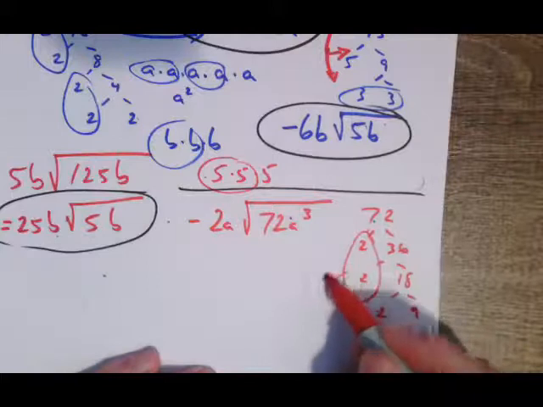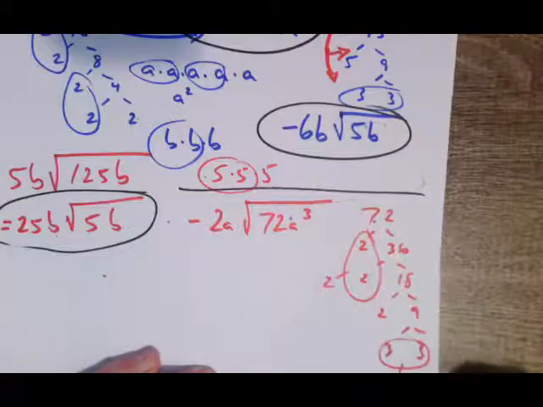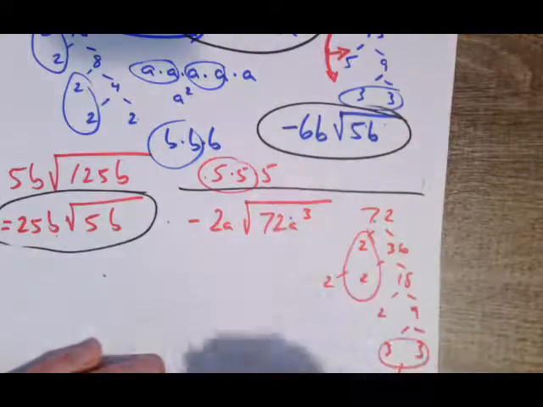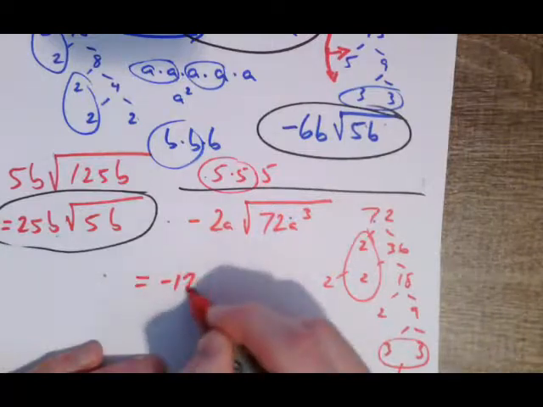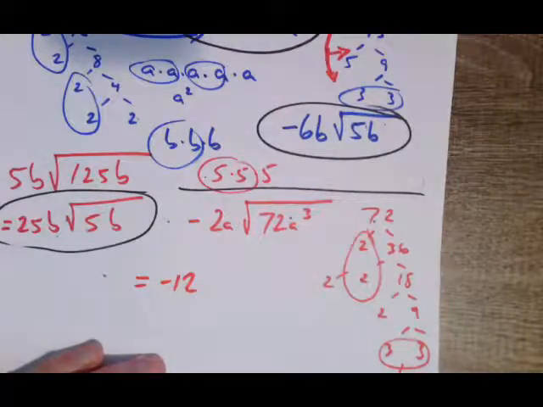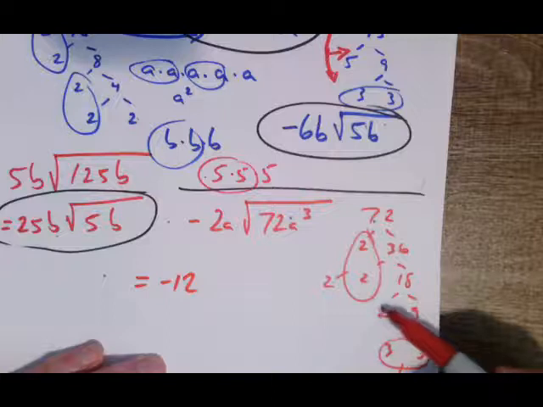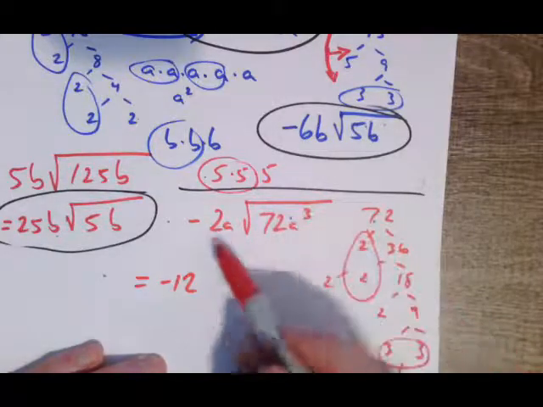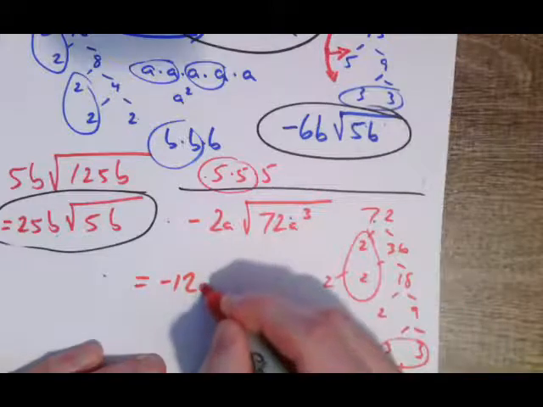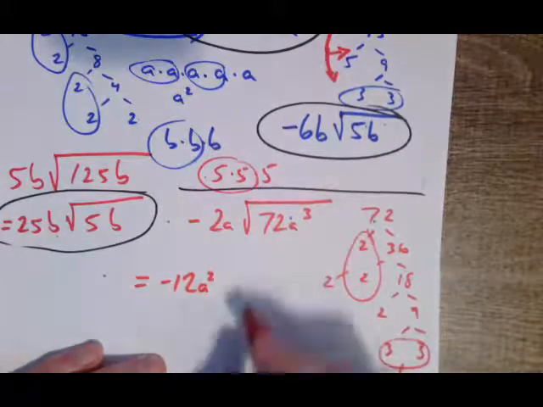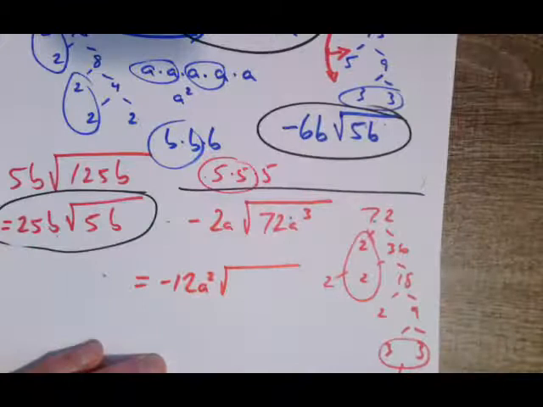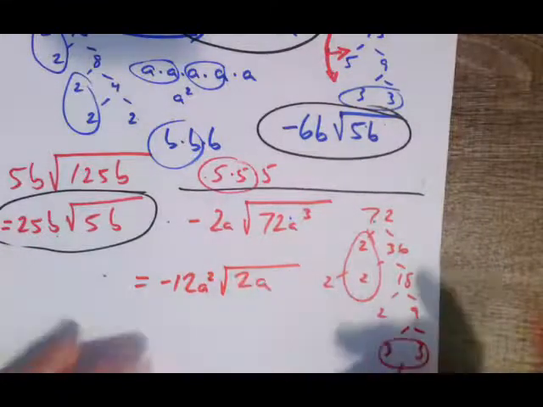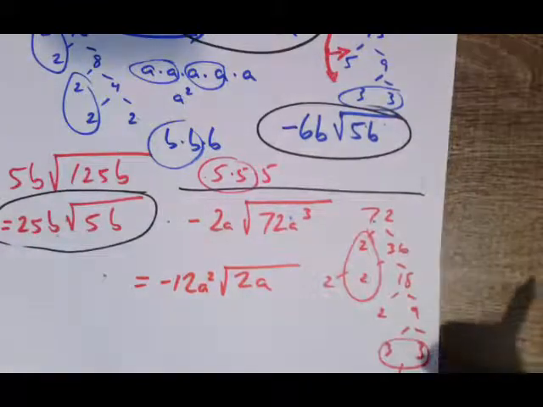So a 2 comes out and a 3 comes out. 2 times 3 is 6. 6 times 2 is 12. So this is negative 12. 2 is staying in, and one of the a's is staying in. A squared, the root of a squared is a, so this outside, negative 12a squared. And then what I say stays inside, the 2 and an a. Cool, cool, cool.